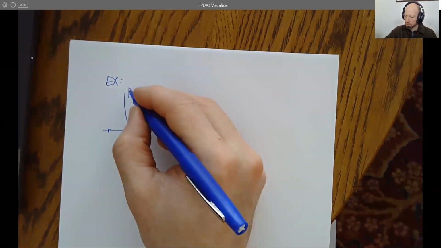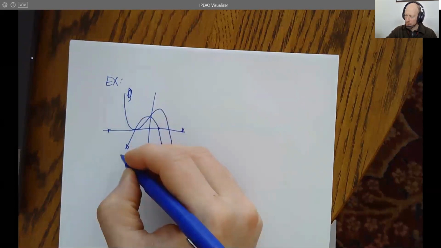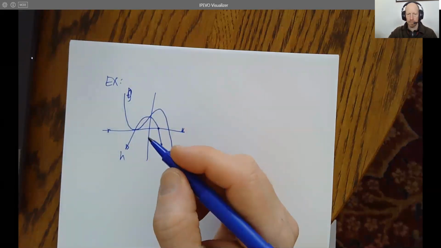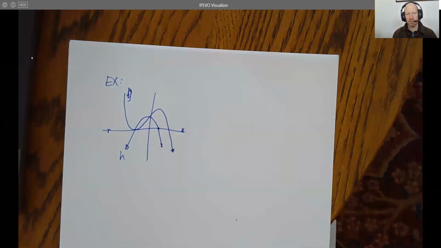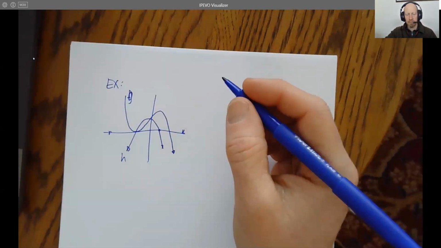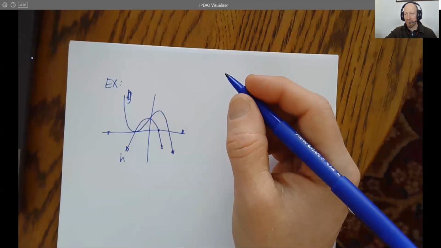Let me not call it F, let's call it G and H. So here are two functions, G and H. One of them is a graph of the derivative of the other.